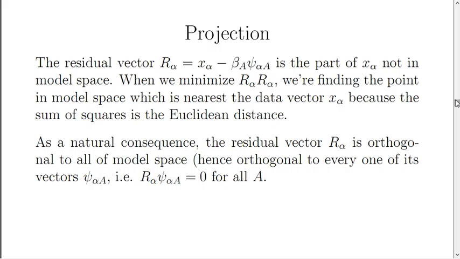As a natural consequence, the residual vector, the part that is not in model space, is orthogonal to all of model space, and therefore it's orthogonal to every one of the trial vectors. That is to say, the inner product of the residuals with a trial vector is equal to 0 for all trial vectors.